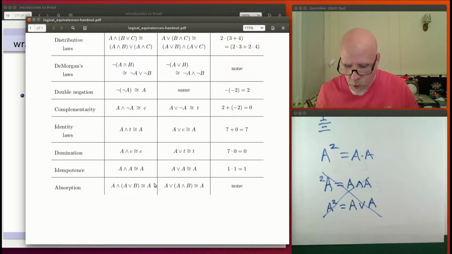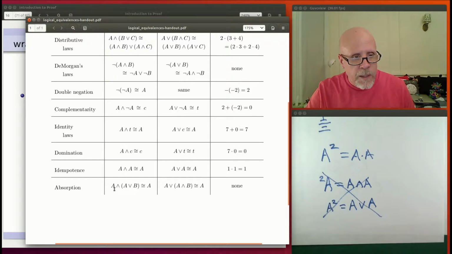So just sort of memorize it at first, and you will come to appreciate its power. What it says is that this conjunction with a disjunction, A ANDed with A or B, doesn't actually depend on B. It's just equal to A, or it's equivalent to A. And if you switch the ORs with the ANDs, so you get the other version of it, that's also just equivalent to A.